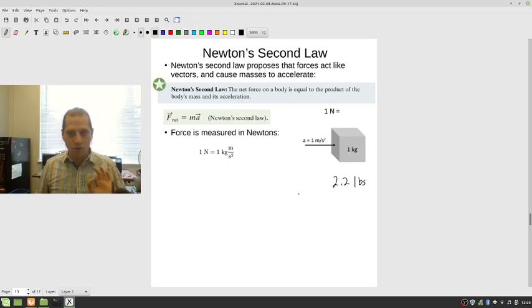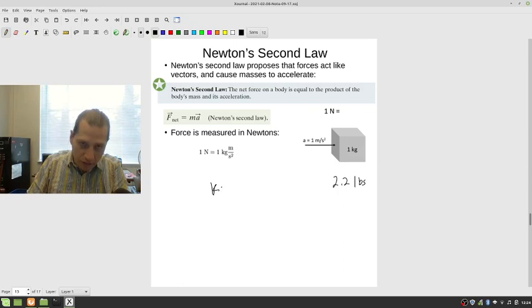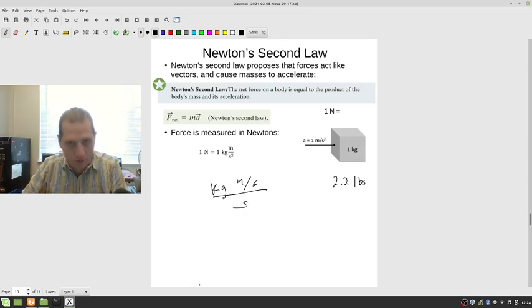Okay, so 1 newton causes 1 kilogram to be going 1 meter per second if you push it for 1 second. So that's what this means. A kilogram can go a meter per second if you push it for 1 second. Kilograms times meters per second per second.